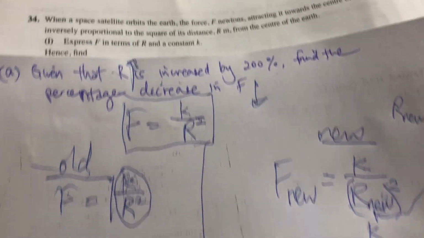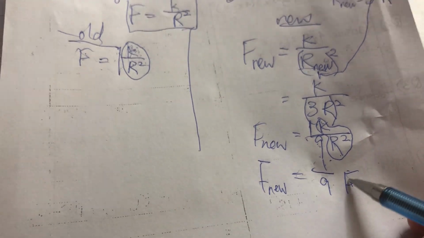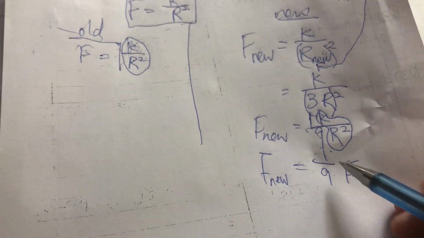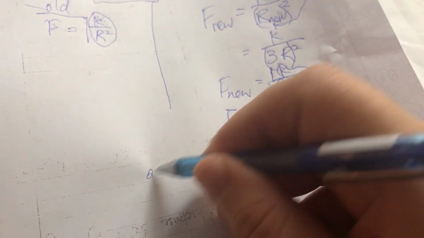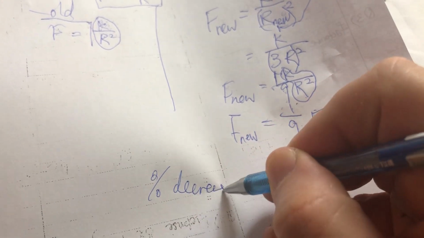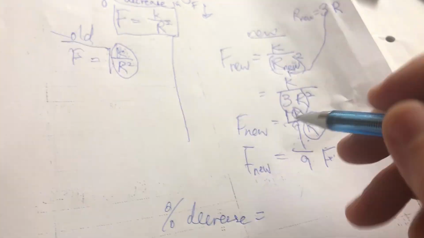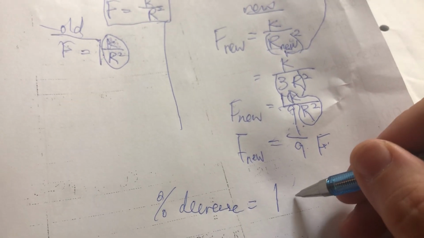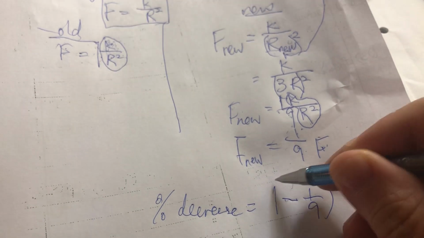Okay, now let's continue the question. So now you know that the new F is 1 over 9 of the old one. Okay, how do I find the percentage decrease? Very simple, the percentage decrease is just 1 whole minus 1 over 9.